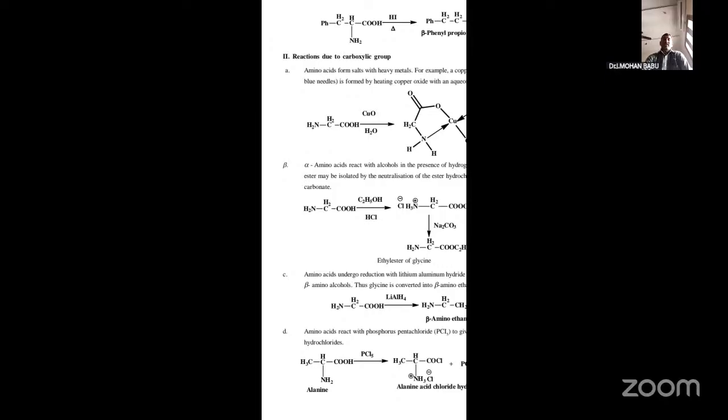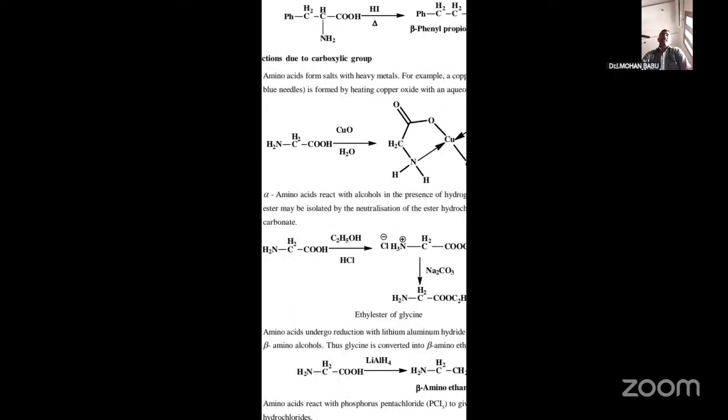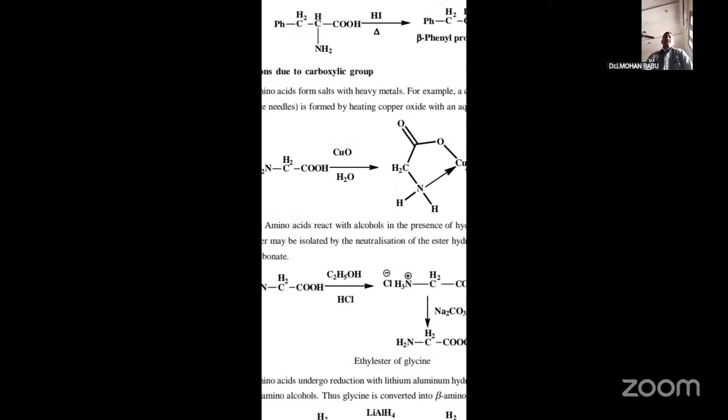And the second part of the chemical reactions is the reactions due to the carboxylic acid group. Here the amino acids generally form salts with heavy metals.